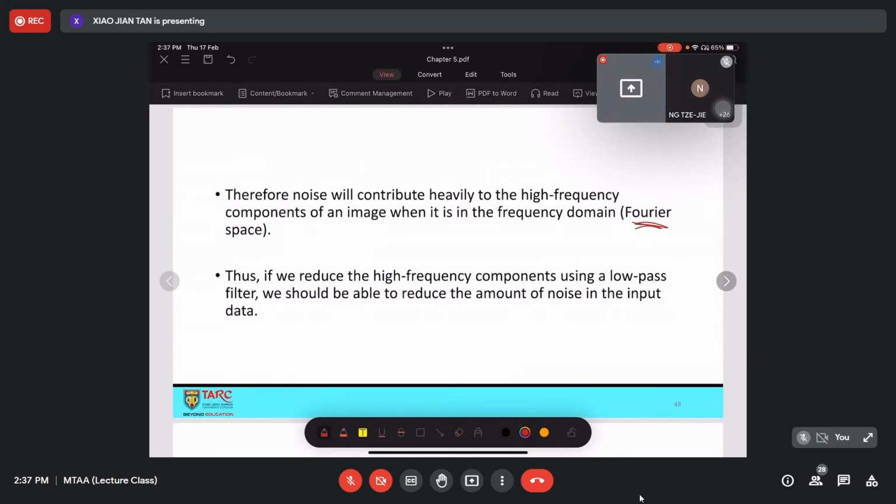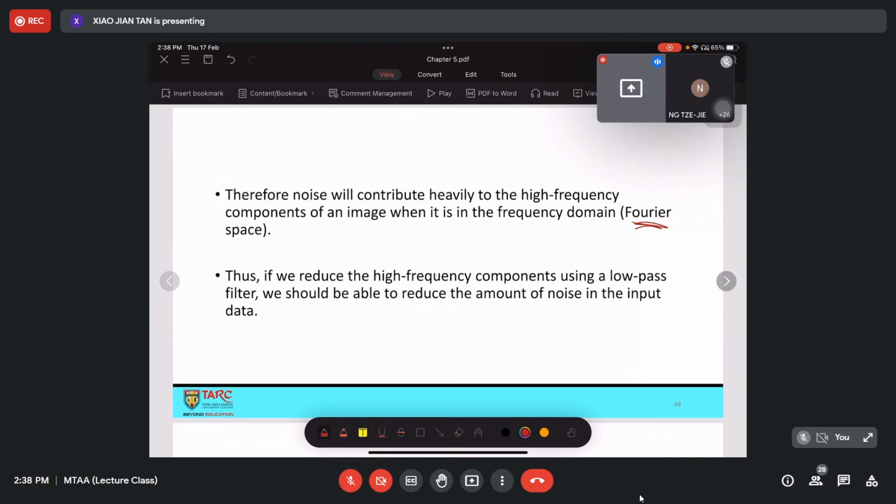Also, if you have an image corrupted by noise, it's very difficult for you to remove it pixel by pixel, especially when you use filtering, because filtering is a local operation. You may need to consider the neighborhood pixels. So sometimes it's not easy to remove the noise with a local filtering method.